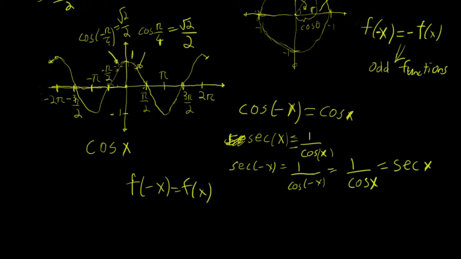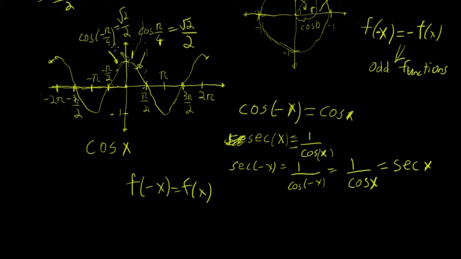So when you apply cosine to negative pi over 4, you will be getting something equal to cosine of pi over 4. And now the graph of secant, okay, it is going to have vertical asymptotes wherever cosine is 0. Remember, it's 1 over cosine.